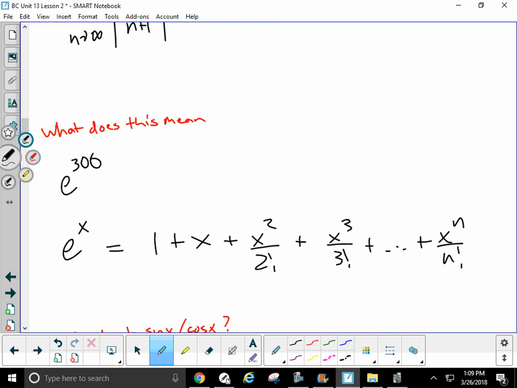This is something centered at 0, but using an infinite amount of terms, we start to fit further and further out to the left and to the right of the graph of e to the x. And we can say e to the 300 is just equal to 1 plus 300 plus 300 squared over 2 factorial plus 300 cubed over 3 factorial, so long as you use an infinite amount of terms.